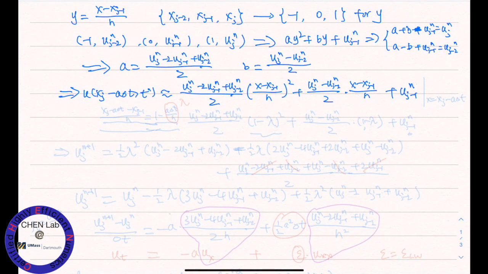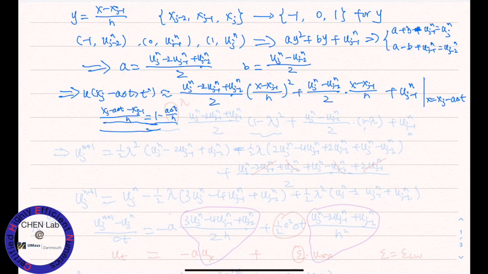And I need to evaluate the whole thing at x equal to x_j minus a delta t. So that's easy because once you plug that in, for a, we know this x_j minus a delta t, alright, that's our x. This minus x_{j-1} divided by h, and x_j minus x_{j-1} is equal to h, so you get 1 minus a delta t over h.